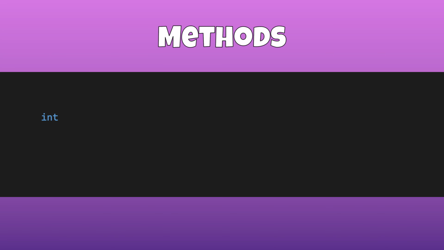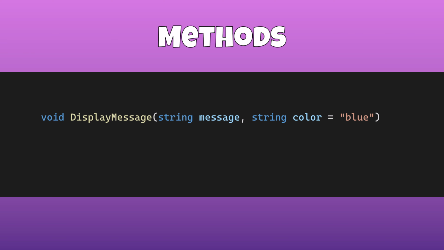To recapitulate, to declare a method, we start by writing the method's return type. If the method returns nothing, we use the void keyword. Then we write the name of the method, followed by a pair of parentheses. Parameters can be added between these parentheses. Parameters have a type, a name, and can be optional.